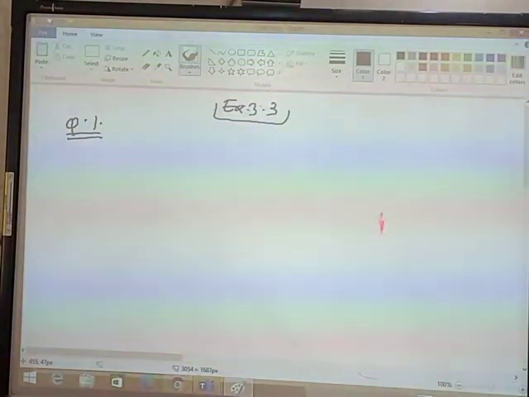Given a parallelogram ABCD, complete each statement along with the definition or property used.